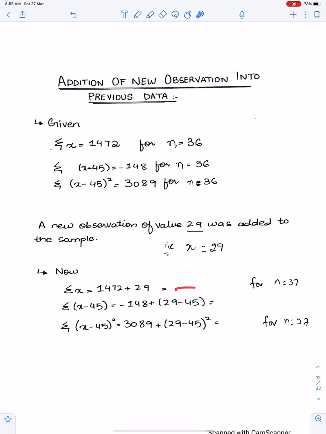And this number will be for 37 observations. But you cannot add 29 directly into this. You cannot write minus 148 plus 29. Why? Because we have x minus 45 here, and x means 29. So you have to add 29 minus 45 into this data. And the answer will be for 37 observations.